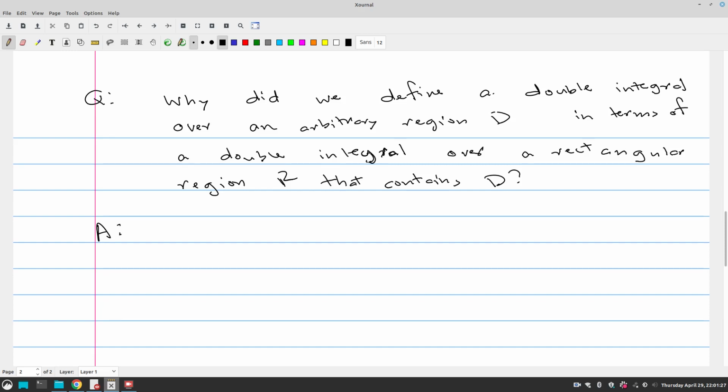So the answer is that Fubini's theorem, which you learned in the last lecture, is applicable only for rectangular regions.